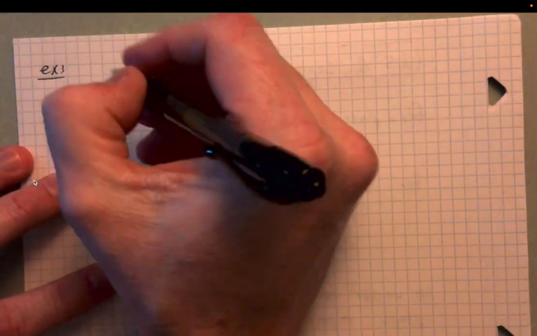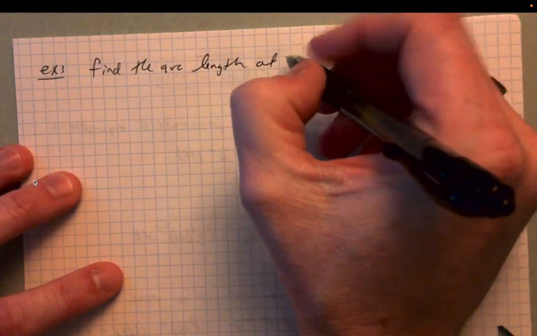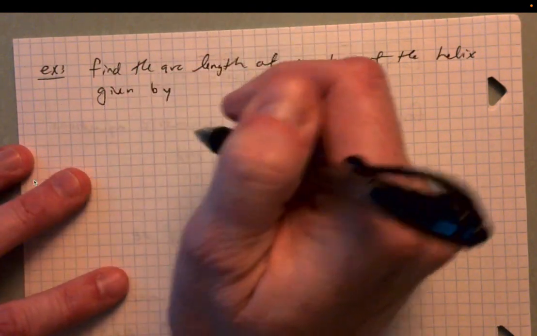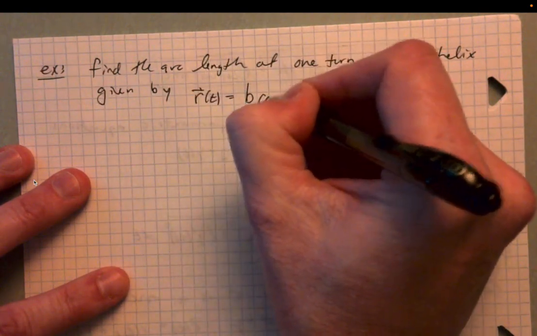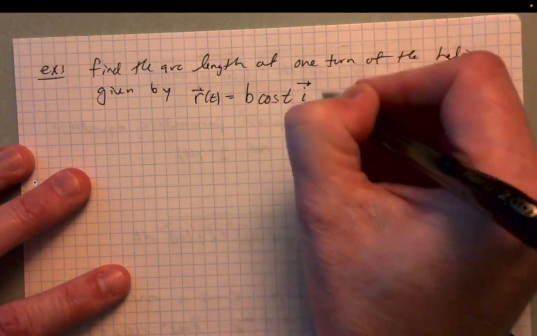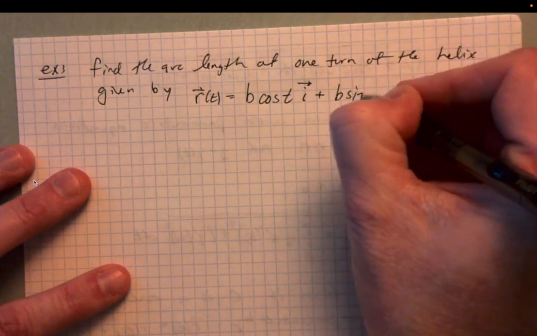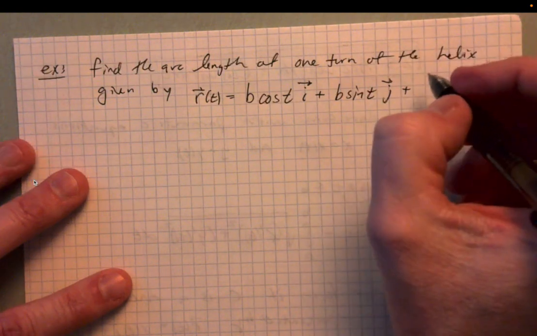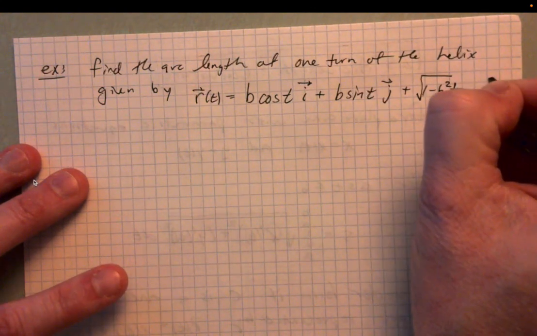Let's find the arc length of one turn of the helix given by this function, r of t equals b cos t times the i vector plus b sin t times the j vector plus, and then the last piece will be the square root of 1 minus b squared times t times the k vector.